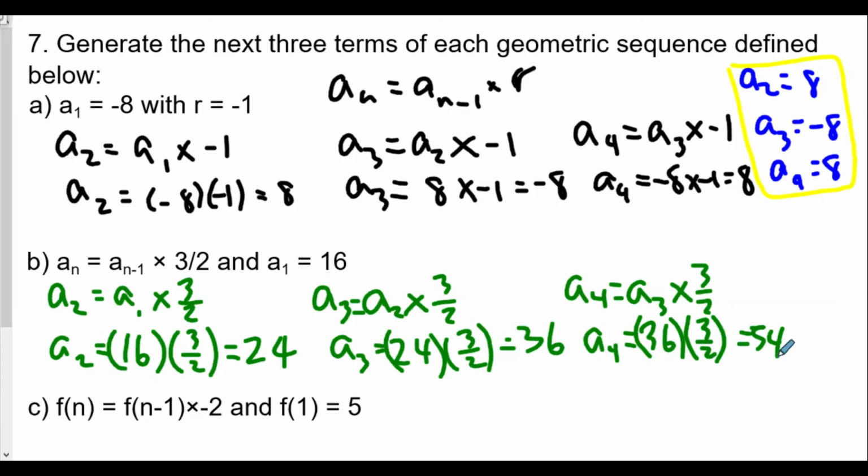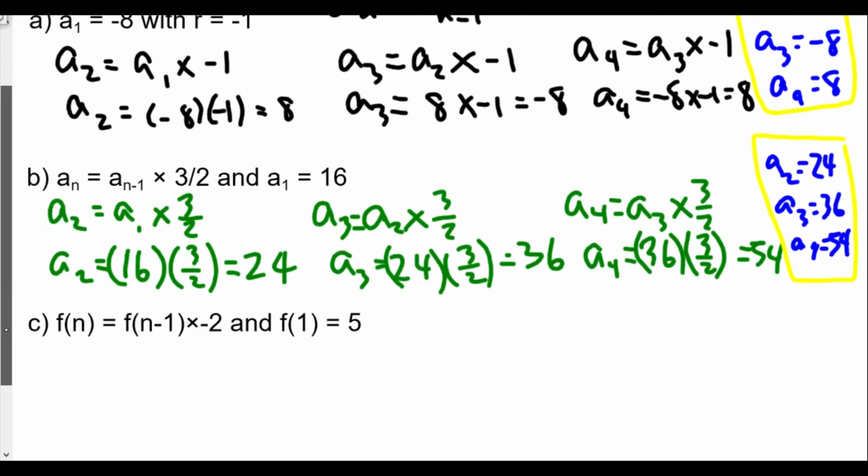So that means in this case that for b, a2 is 24, a3 is 36, and a4 is 54. And it's possible in this case to see that our r value doesn't necessarily have to be a whole number. It could be a fraction. And when our r value is greater than 1, we see our terms getting larger and larger.